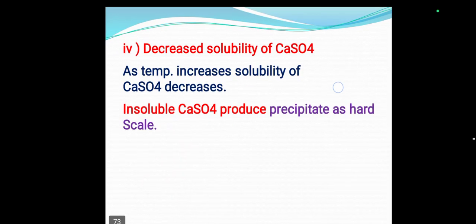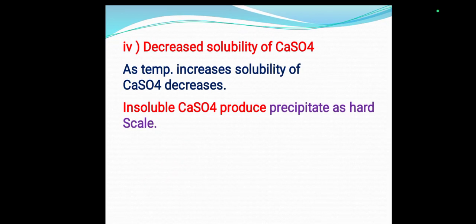Then the fourth cause: decreased solubility of calcium sulfate. A very simple cause: as the temperature increases, the solubility of calcium sulfate decreases. We know in the boiler, the temperature of water continuously increases.